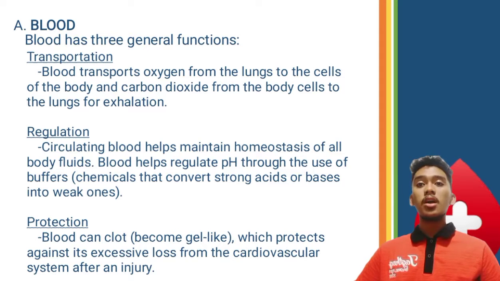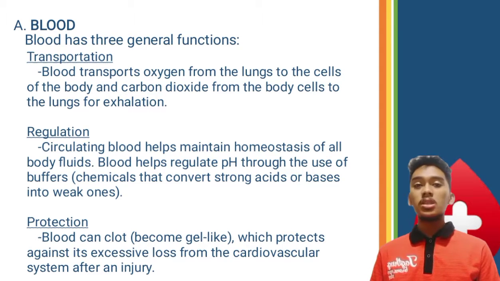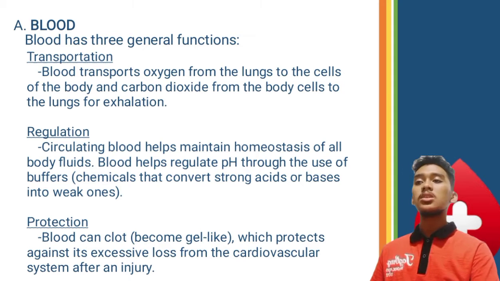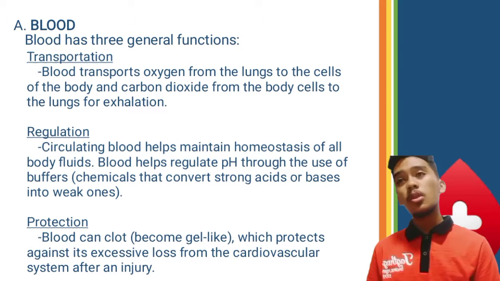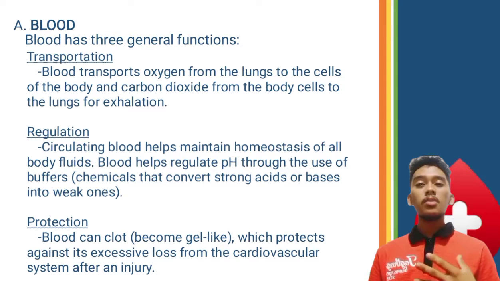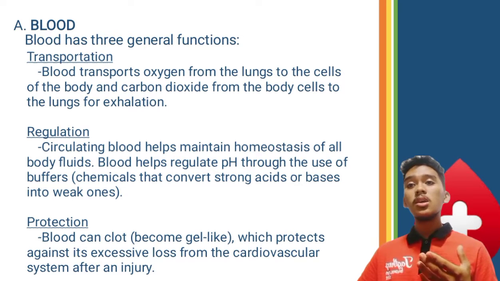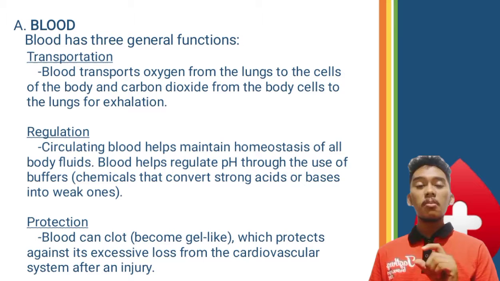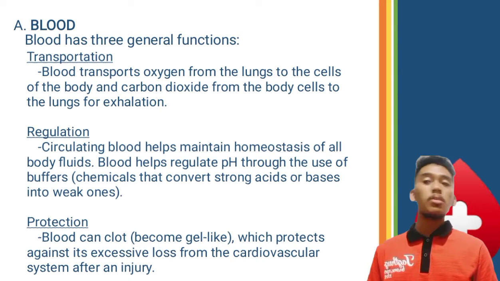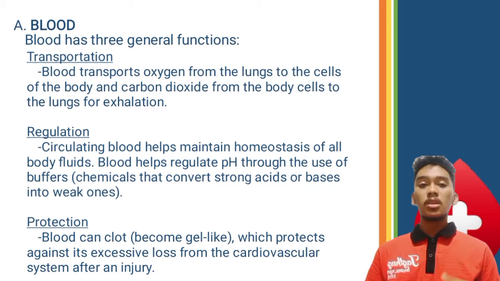Blood can help regulate the potential of hydrogen, or pH, through the use of buffers. Buffer chemicals convert strong acids and bases into weak ones. We need an adequate pH in our body, and when there is too much, the buffers in our blood convert strong acids into weak ones so they do not trigger or cause illness in other parts of our body system.